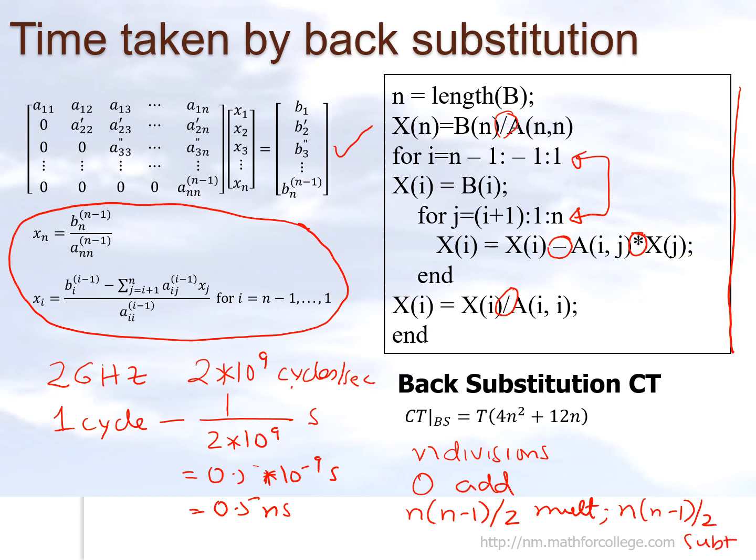Those are the number of floating point operations taking place in the above algorithm. Now that we know the number of floating point operations, we want to figure out how much time it takes to do back substitution, which is basically deriving this particular formula right here.